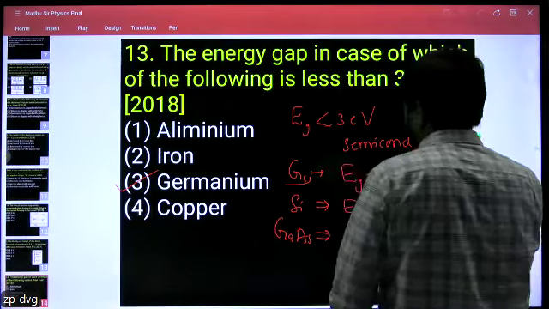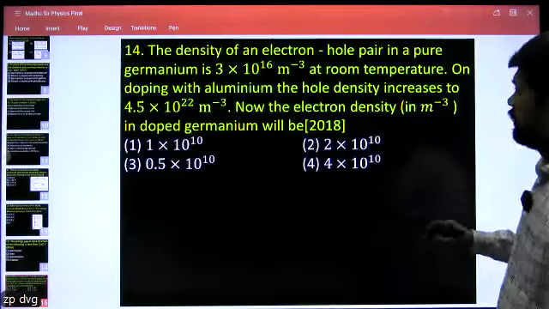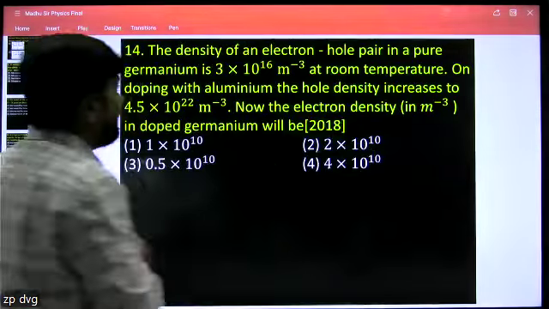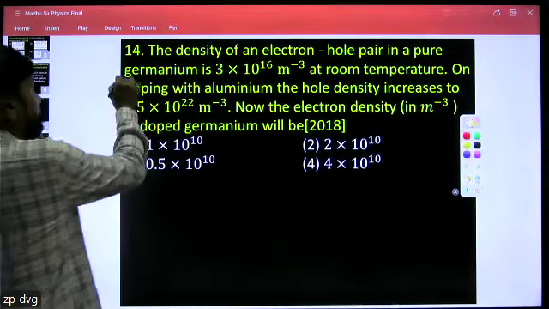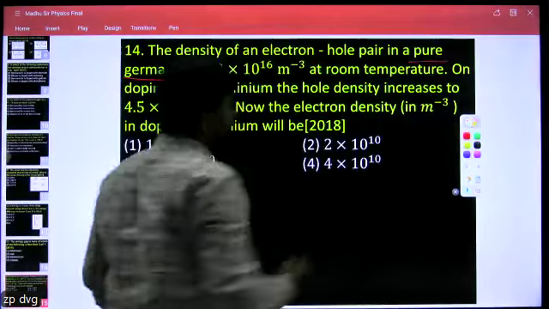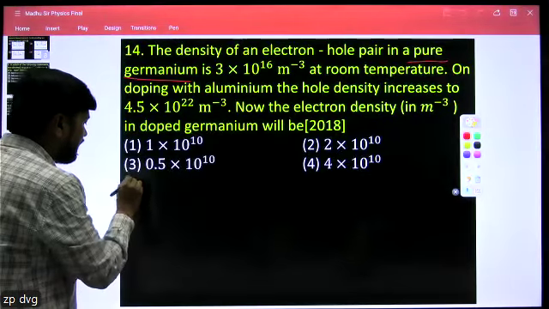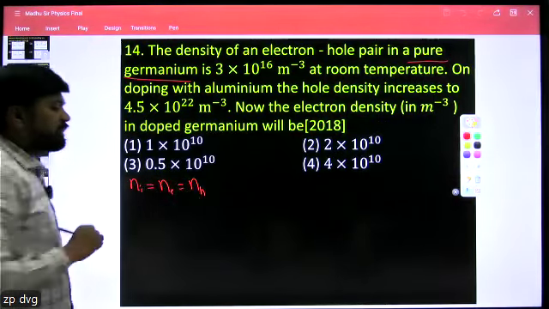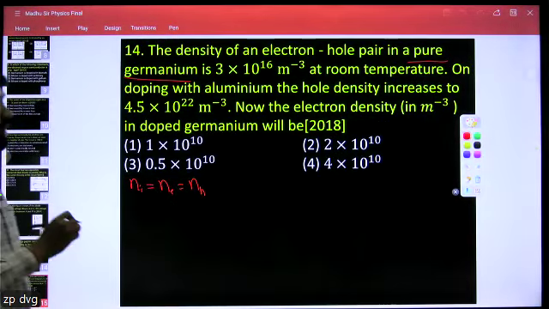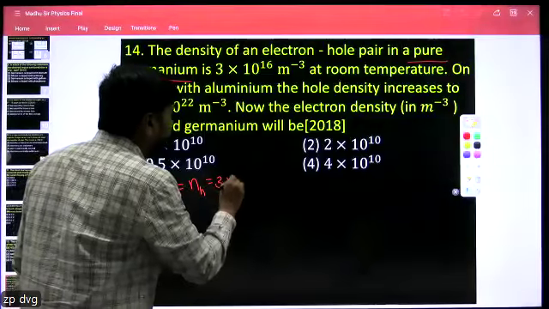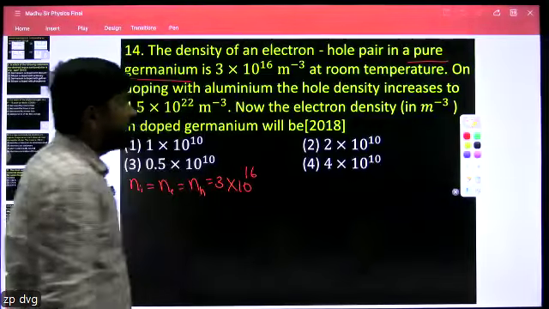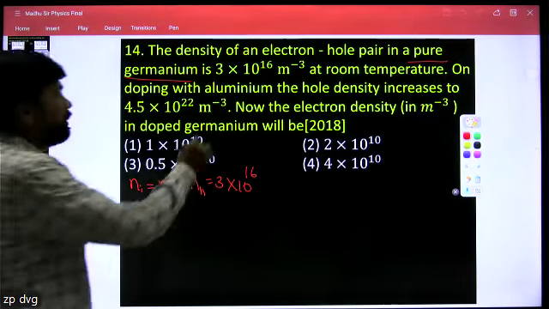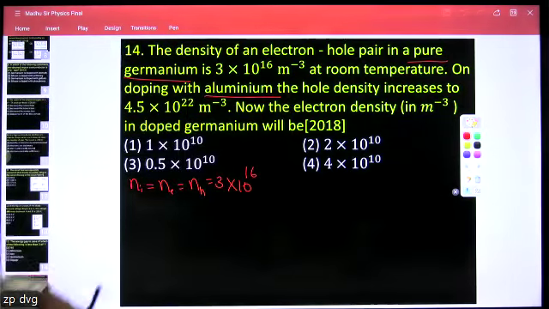The next question. The density of electron hole pairs in pure germanium, that is intrinsic. In an intrinsic semiconductor, the intrinsic carrier concentration is Ni equal to Ne equal to NH. The value given is 3 into 10 power plus 16 per meter cube at room temperature. On doping with aluminum, aluminum is an example of a trivalent impurity.